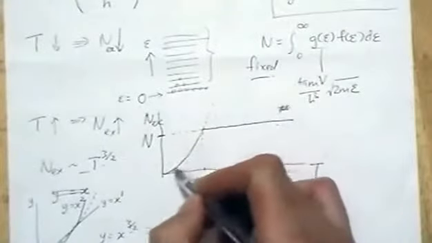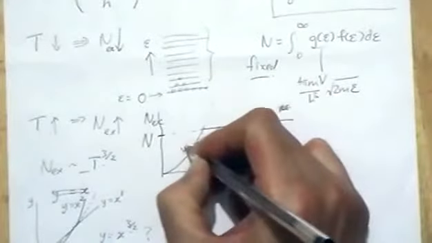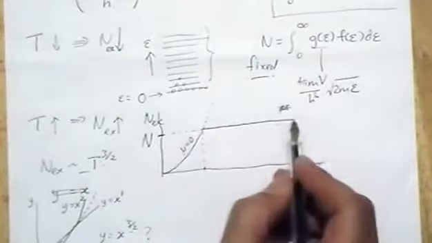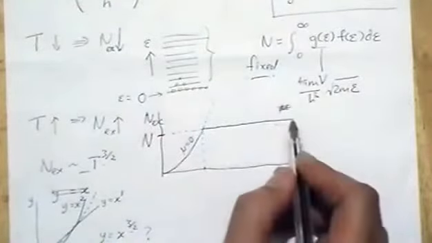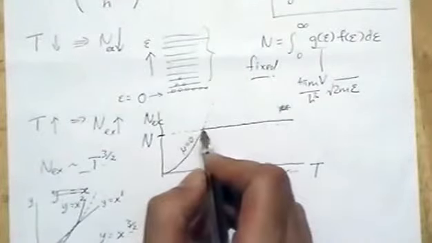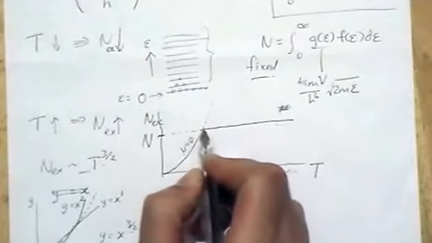And that means that on this curve, mu has been set to 0. So this means that from higher temperature, when we reach this point, mu becomes 0 at that point.